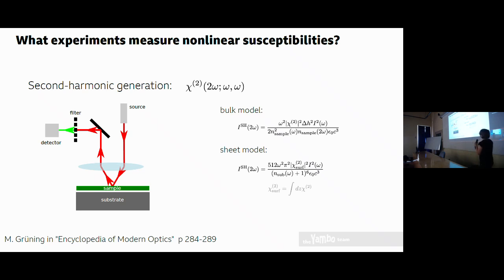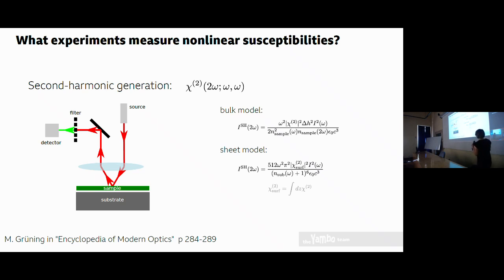This is to show that the susceptibility is not directly measured, but there is a model behind it. Especially with measurements of 2D materials, there are a few instances in which the experimentalists used the bulk model to extract the second harmonic generation from the measurement.